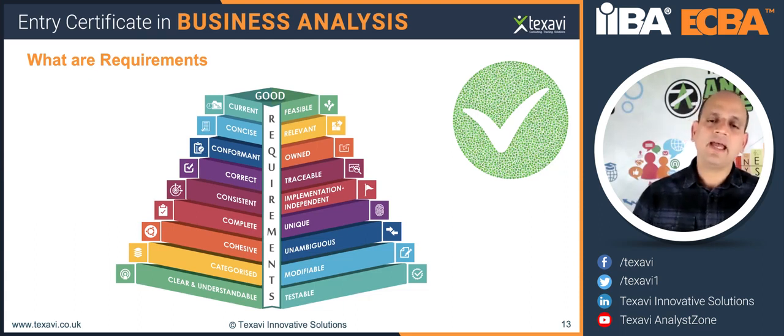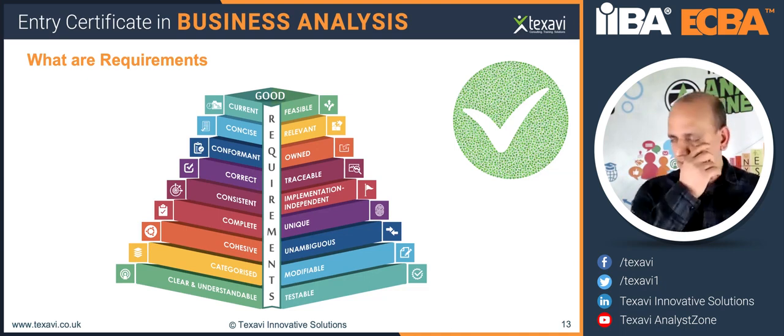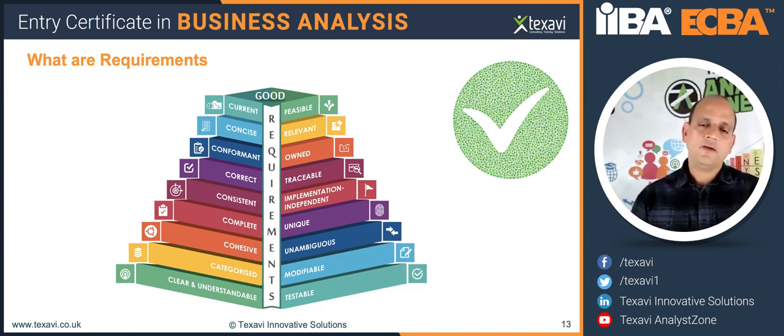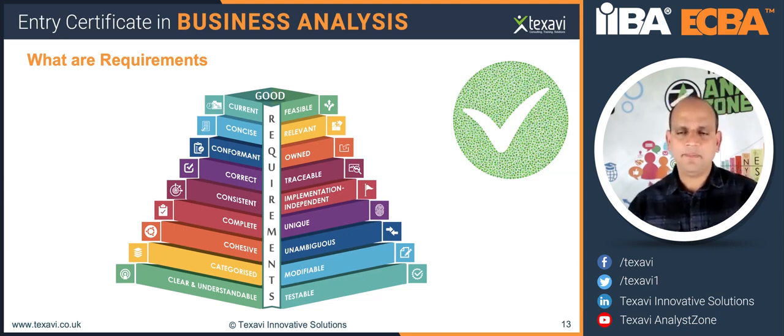Traceability: it should be traceable back and forth, as we discussed, from amongst all those requirements, and then the architecture elements, the designs and everything. It should be implementation independent. It's independent of technology, independent of platform. That's a very, very important thing that you need to know. A requirement should not depend on Oracle or SQL or Java or anything. It is independent.